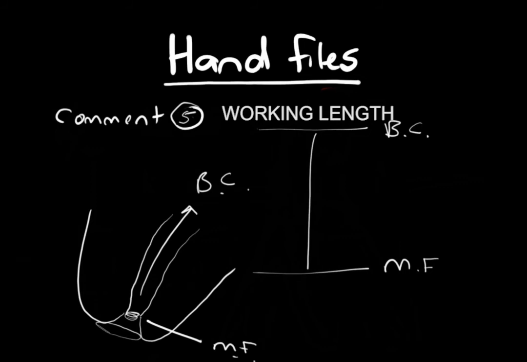Now, just one other point: when you're using a patency file, 08 file or an 06, the patency file will literally pass through the minor foramen, maybe 1 millimeter. So there's your 08 file, size 08 file. Let's say you're using a triple flex, or K-flex, or whatever manufacturer you're using.